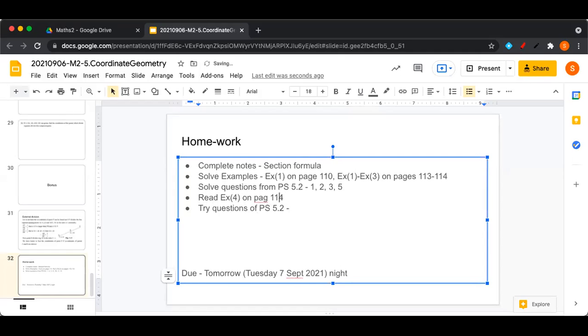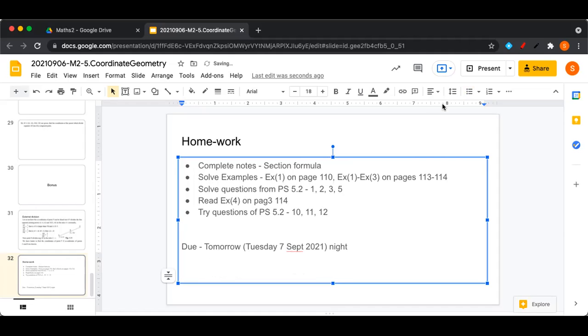Which questions? The questions are 10, 11, and 12. Okay, so homework has reduced from what I had planned initially. That's fine. And submit it before the next class, that is tomorrow, Tuesday, 7th of September.